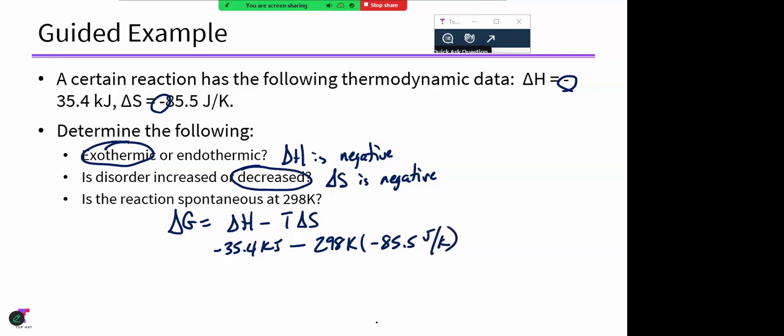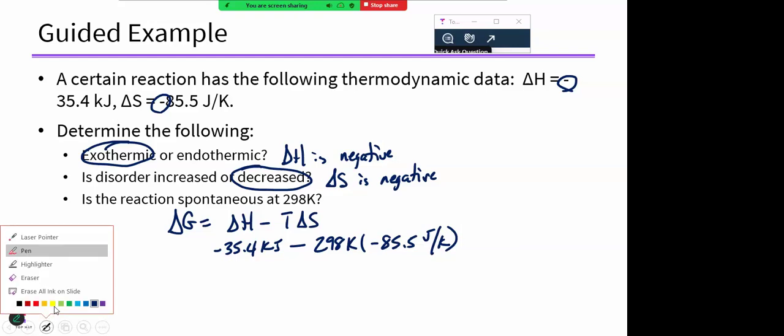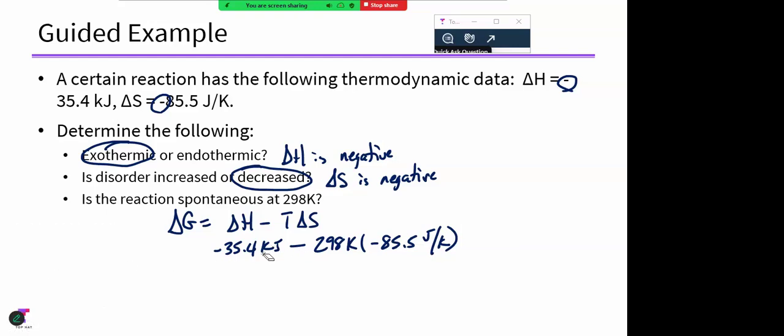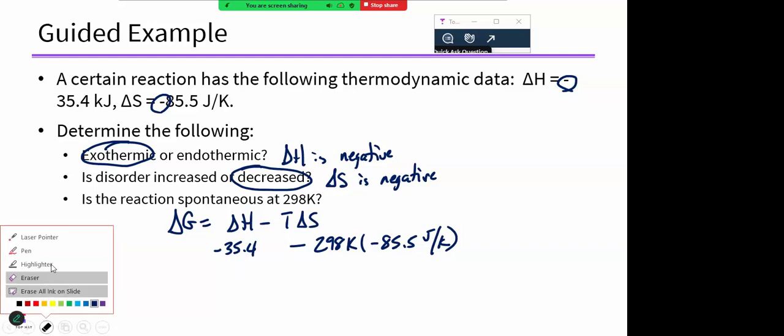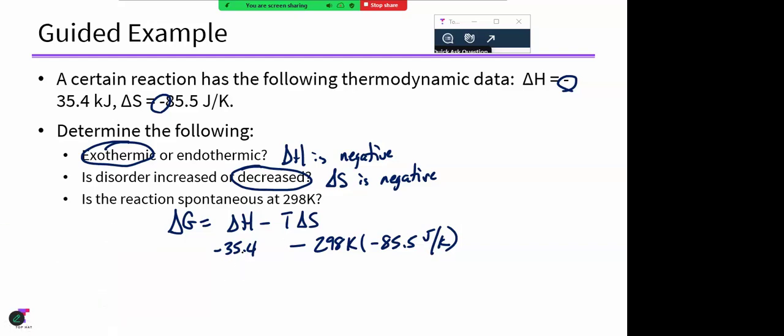Again, we've got a mismatch here of units. So we need to change one of our energy terms into the other. Again, for simplicity's sake, I find it's easier to multiply by 1,000 than to divide by 1,000. Negative 35,400 joules is the modified version of delta H.